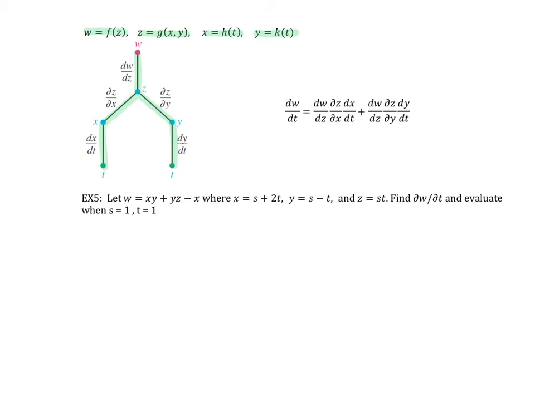So you notice down our diagram, since w only splits off into one variable, it's our usual derivative dw dz. However, z is a function of both x and y, so those are partial derivatives. But x is only a function of t, y is only a function of single variable t, so that's dx dt, dy dt. And then you can go ahead and look at dw dt.